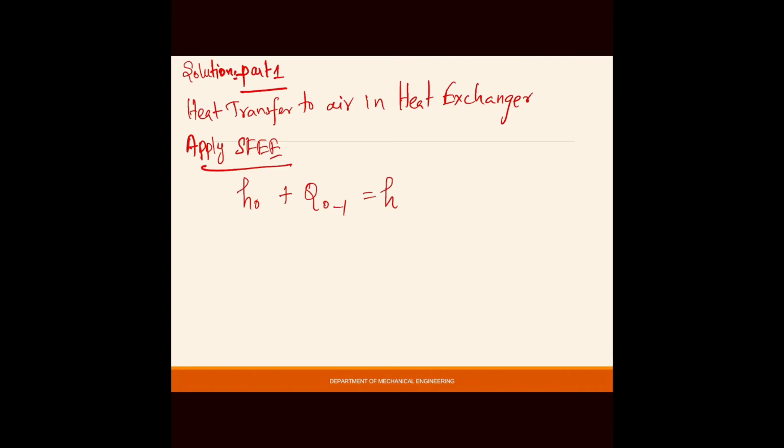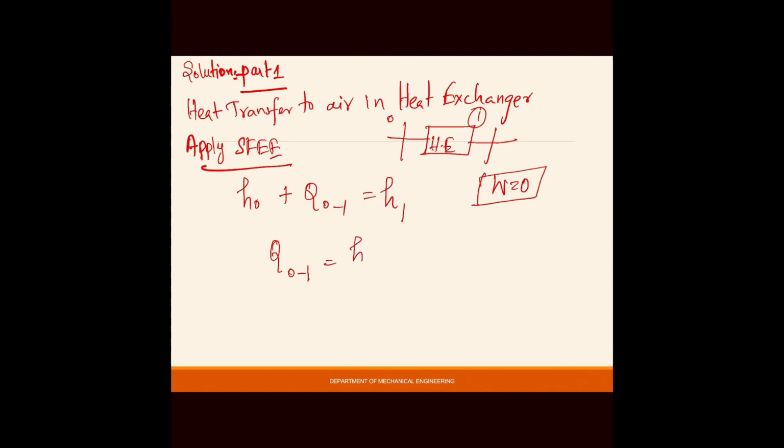For example, in the heat exchanger, this is section 0, this is section 1. For the heat exchanger, work done is equal to 0. Now we have to find out the heat transfer from section 0 to 1.